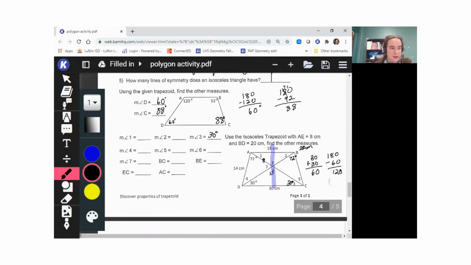And that is angle 6. And then we have a linear pair here because angle 7 and angle 6 are two angles forming a line together. So we can subtract that 120 from 180 and get 60 degrees.